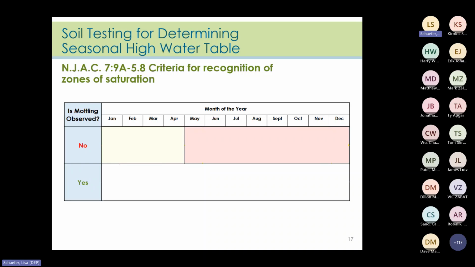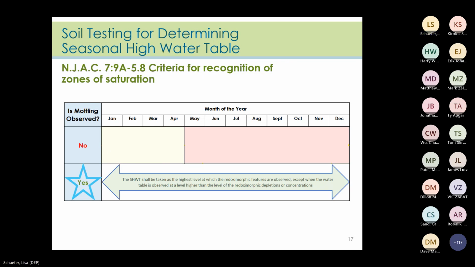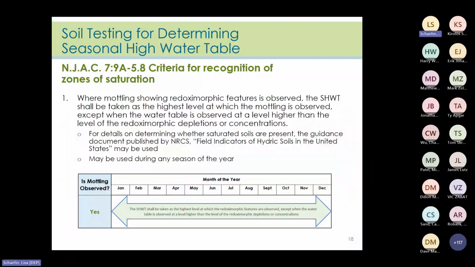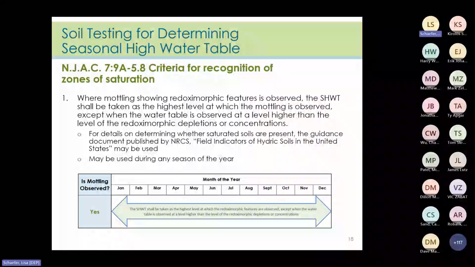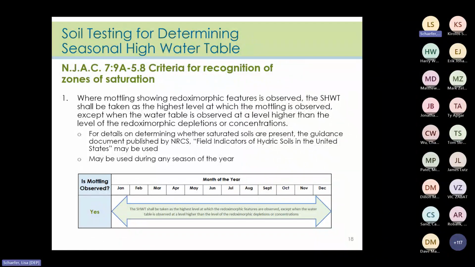Let's start with the simple case, meaning what applies when the answer to the question of whether mottling is observed is yes. At any season of the year where mottling showing redoximorphic features is observed, the seasonal high water table shall be taken at the highest level at which the redoximorphic features are observed, except when the water table is observed at a level higher than the level of the redoximorphic depletions or concentrations.